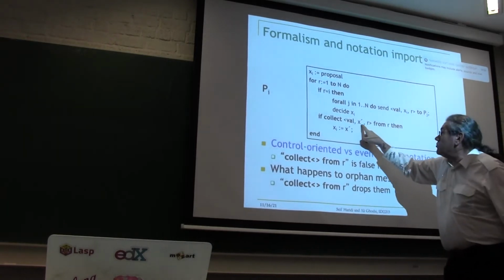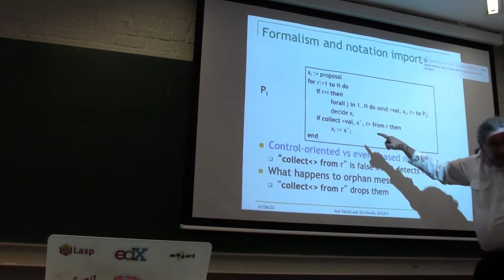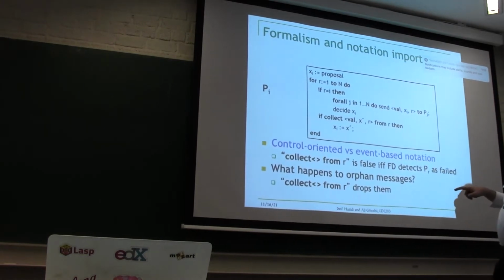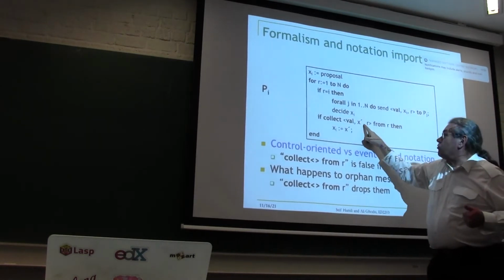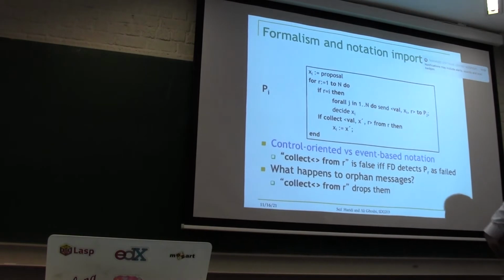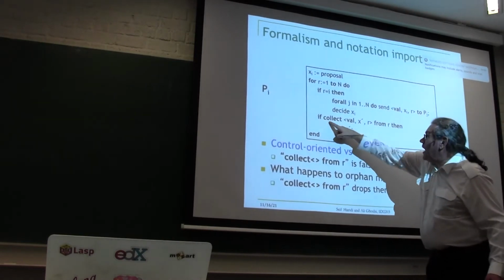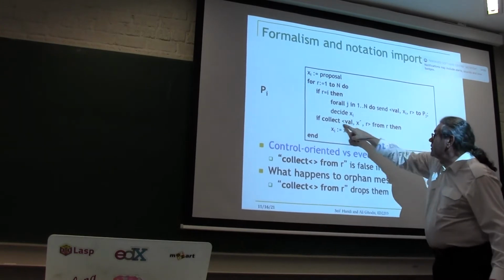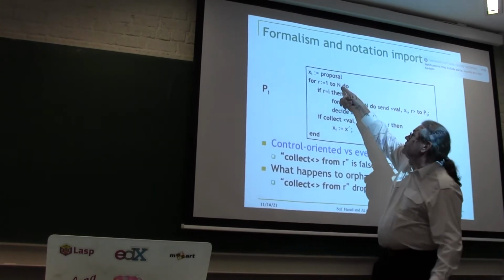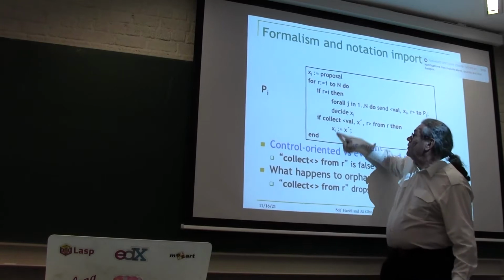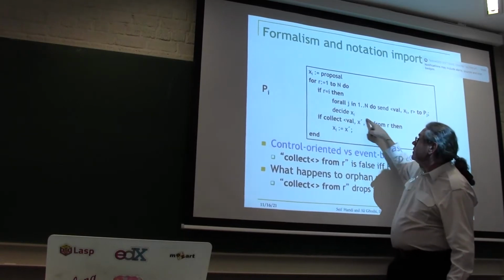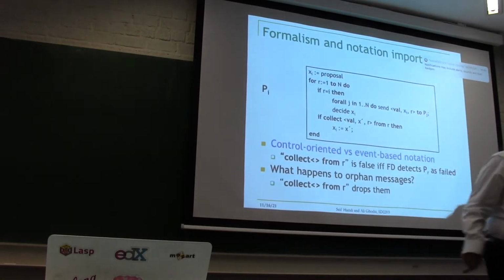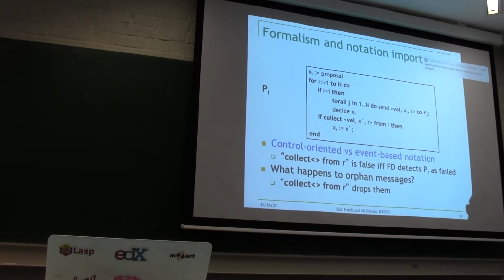Okay, so you understand how it works? So this collect is an interesting operation. It's returning true or false. And of course, this is what triggers going to the next round. Because this is the last thing inside the for, and when this collect is done, it goes to the next iteration. So this collect is what triggers you to go into the next round.